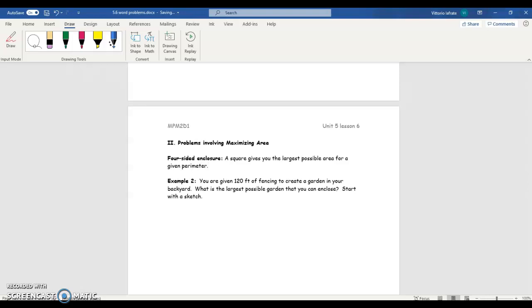When we say a four-sided enclosure, what we really mean is four sides to whatever we're building. So the square will give you the largest possible area for a given perimeter, as opposed to a rectangle, for example. Let's do an example to illustrate this.